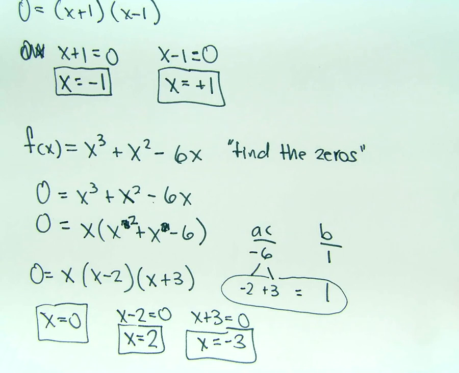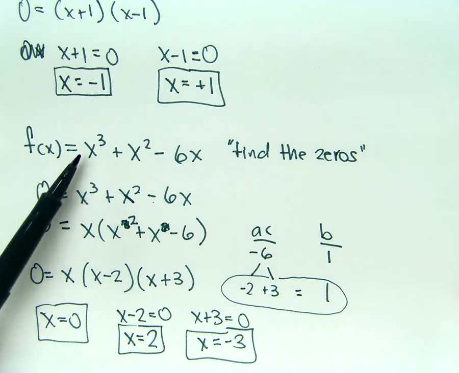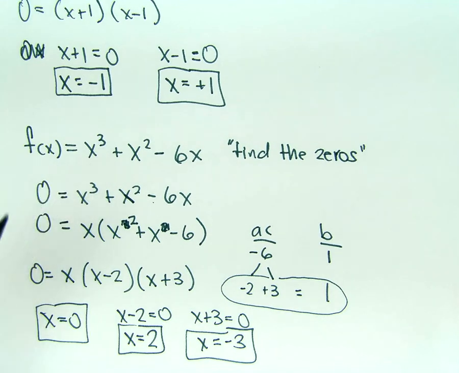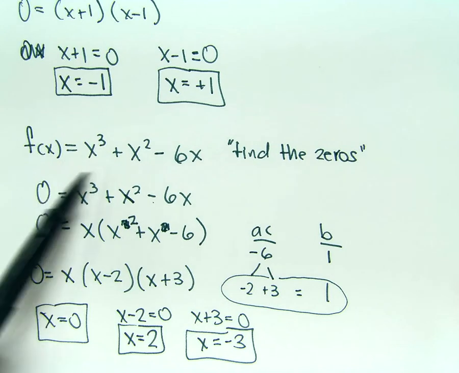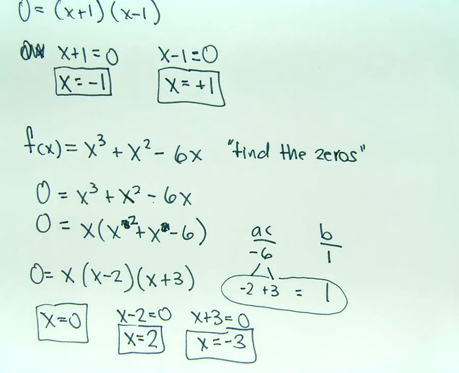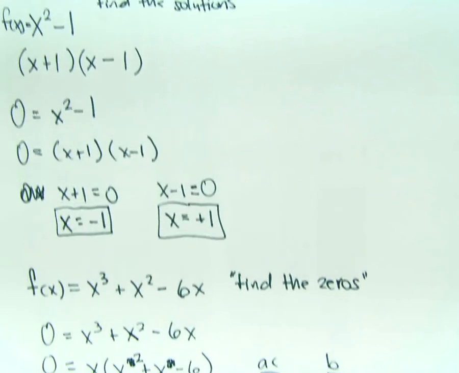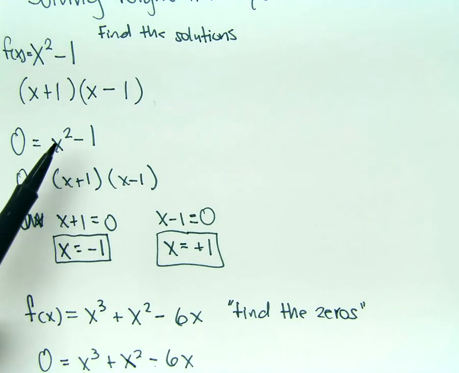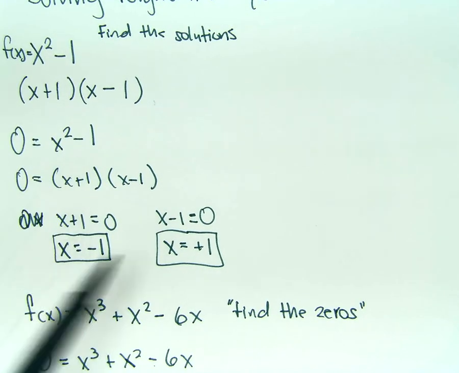So if we have a cubed or a quadratic, or the highest degree is 4, that's how many solutions we'll have. So here we have x to the 3rd power, and since this is the highest degree, we have three zeros or 3 solutions. Before, we had x squared as our highest degree, and we had 2 solutions.